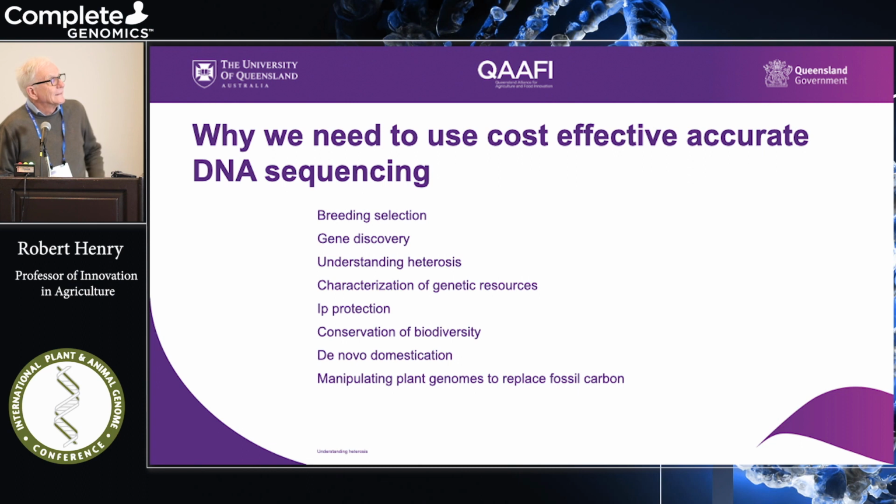We're applying these technologies in breeding selection, gene discovery, really specifically the DNB-seq methods in understanding heterosis in some of the systems by getting a very reliable measure across the whole genome of heterosis, characterizing key genetic resources in actual IP protection cases, where we're really guiding now the conservation of biodiversity with some of this data, and I'll say a little more about that.